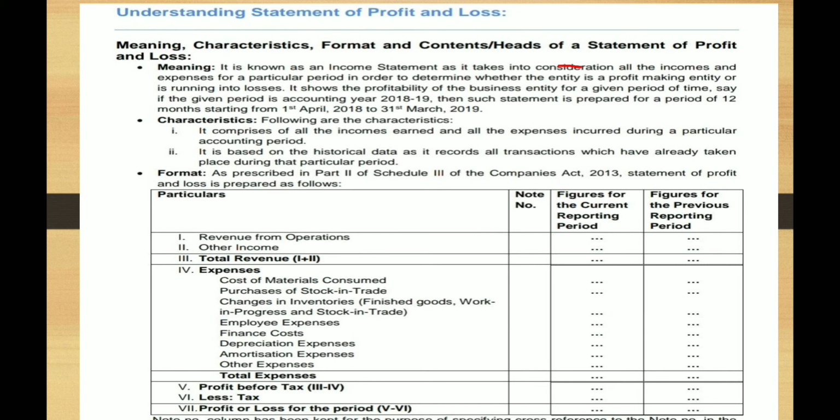It shows the profitability of the business entity for a given period of time. Say if the given period is accounting year 2018-19, then such a statement is prepared for the period of 12 months, from 1st April 2018 to 31st March 2019.